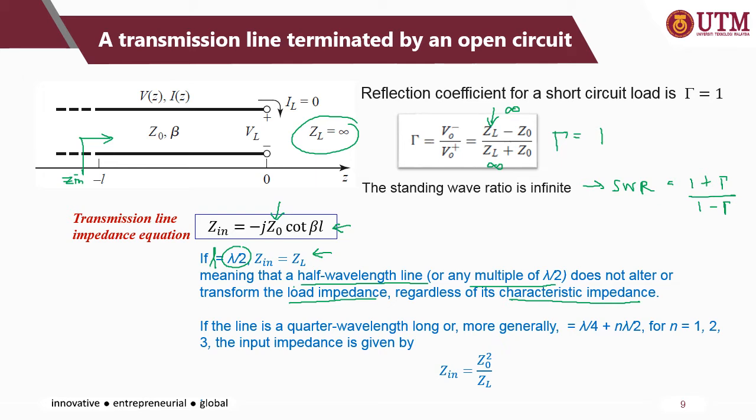But if the line is quarter wavelength long, or a multiple of quarter wavelength with n equal to an odd integer 1, 2, 3, and so on, the input impedance is estimated by Zin equals Z0 squared divided by ZL.